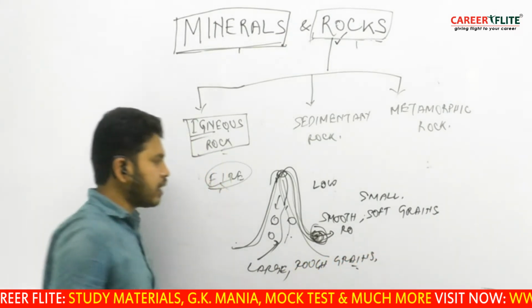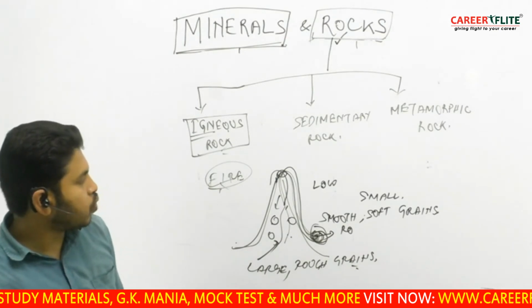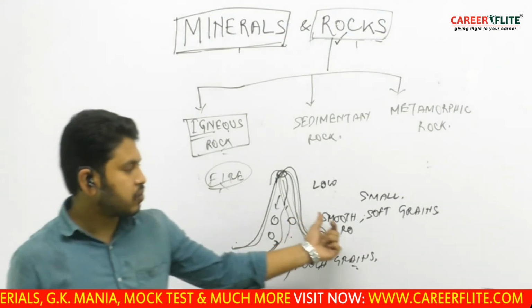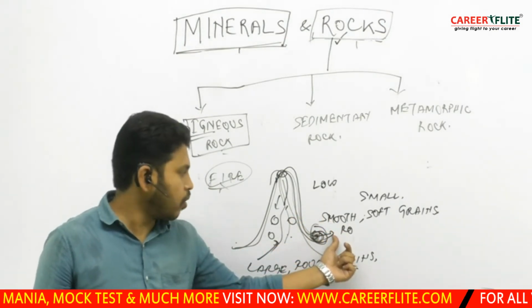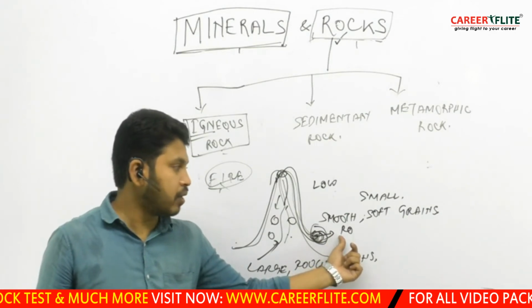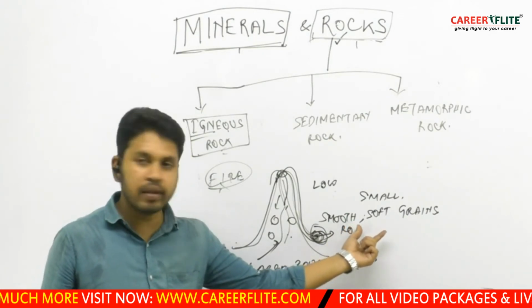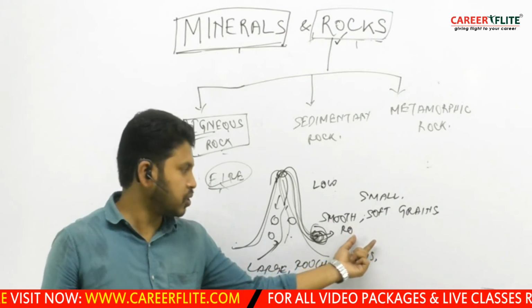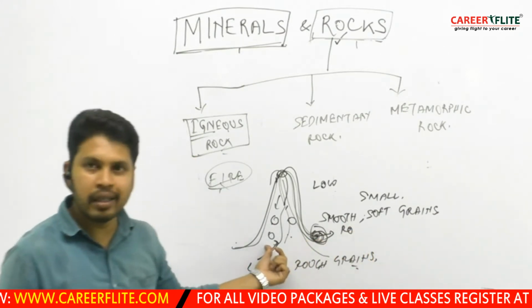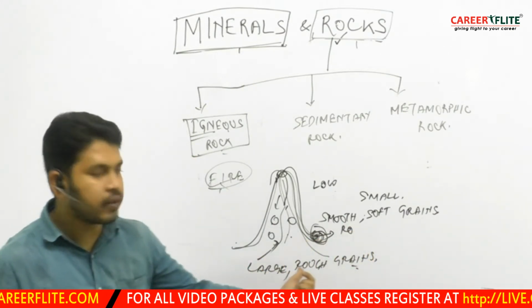So accordingly, we can classify igneous rock into two types. One that is from outside the volcanic structure, that is volcanic rock. They have smooth, soft grains. They are soft in structure. And the plutonic rocks have large and rough grains.